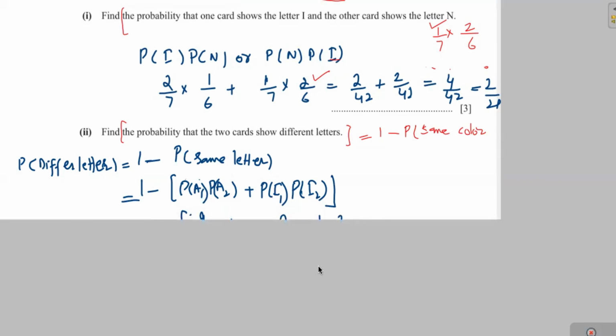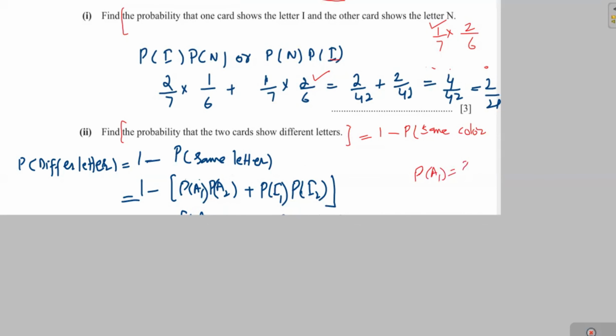Now, the probability of A1: the total cards are 7, and the A cards are 2, so 2 out of 7. When one card is already chosen, the total cards become 6, and the remaining A is 1 because one A is already chosen. We can write 2 over 7 times 1 over 6.